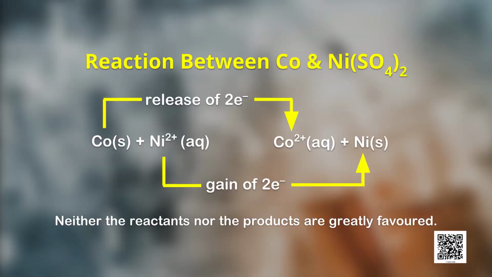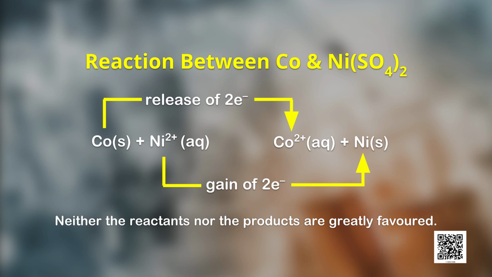Let us understand the concept of occurrence of reaction with one more example. See what happens when metallic cobalt is placed in nickel sulfate solution. You may perform this activity under the guidance of your teacher, and you will notice that at equilibrium, chemical tests reveal that nickel ions in aqueous solution and cobalt ions in aqueous solution are present at moderate concentrations.